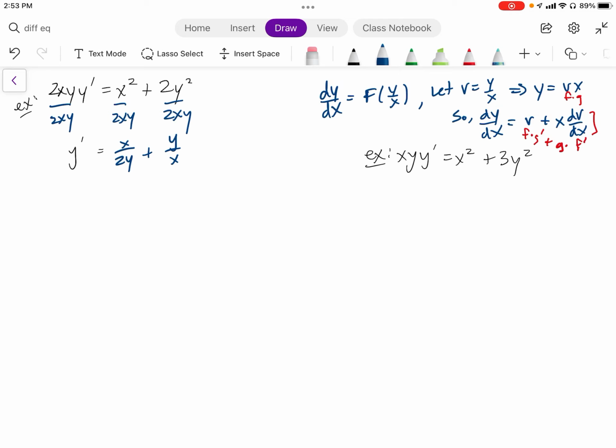At first, this is not a function of y over x. I do have a y over x, but I also have x over 2y. So how does that work? Well, one more thing, and this comes up often enough that I probably should have just written it: if v equals y over x, we could also say x over y is the reciprocal, 1 over v, or v to the negative 1.